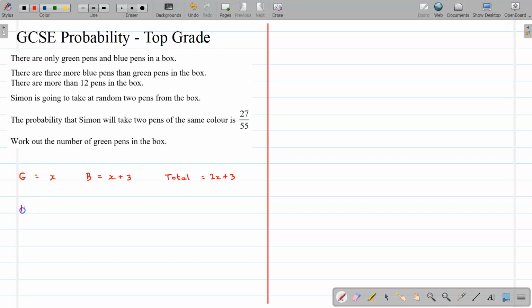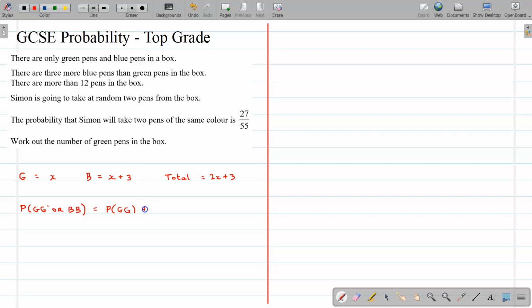So we know that the probability of green and green, so I can write that literally as that, or blue and blue, is the same as the probability of getting 2 greens plus the probability of getting 2 blues.